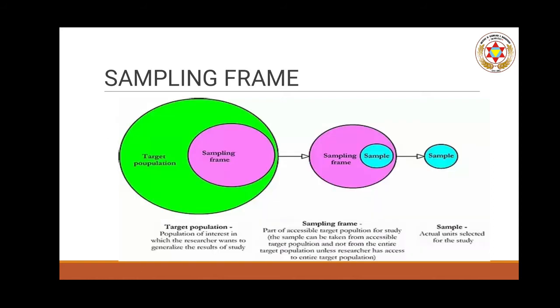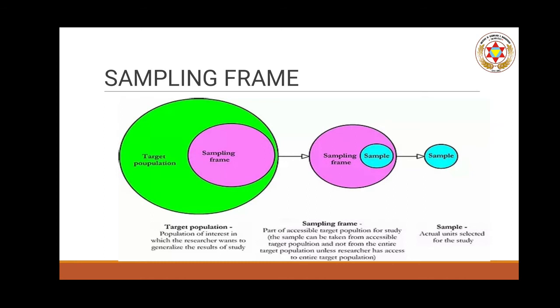Now the sampling frame is about where the sample is actually being collected from. Here again, one needs to understand that the sampling frame is about the target population about which the study is done.